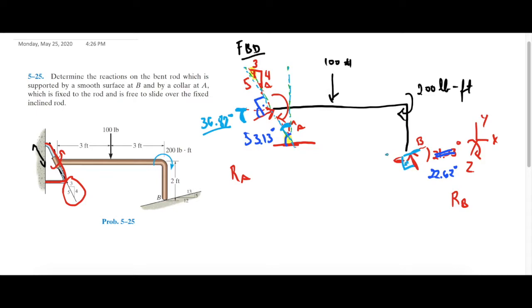But we need to find out how much of it is with respect to the x-axis, or the y-axis, whichever one you want to play with. And let's see how we can reason through this guy. So perhaps I should draw it here. That would be a little bit more clear. So this angle here was 22.62.